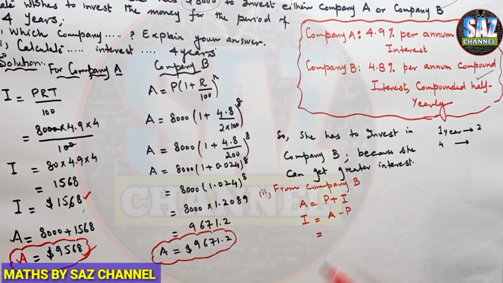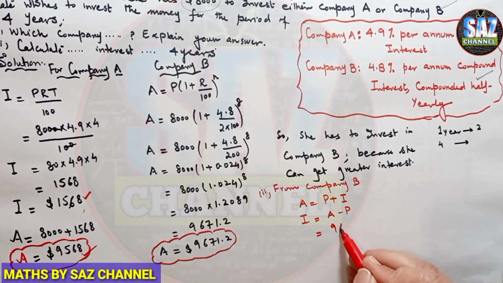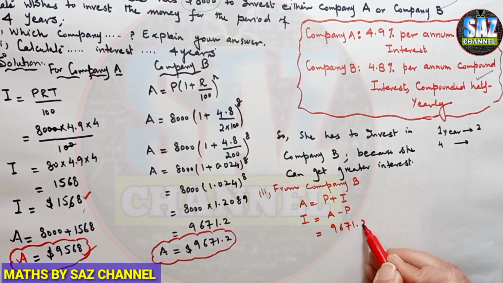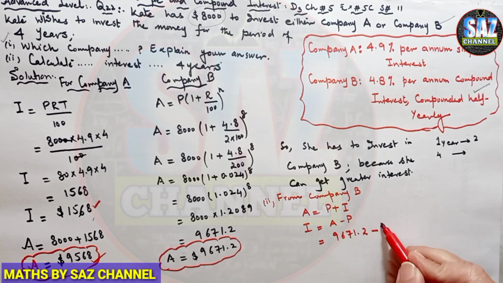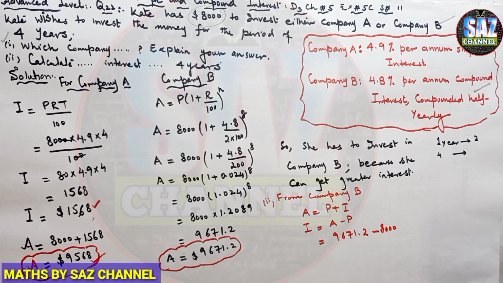Amount is 9,671.2 minus 8,000, and this gives me 1,671.2 as the amount of interest.